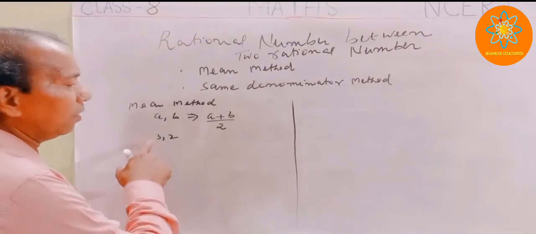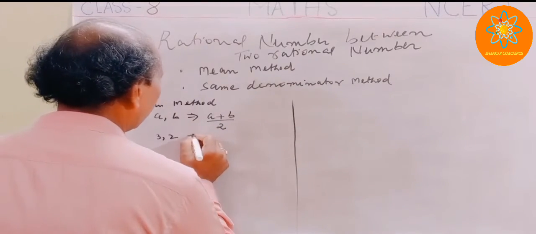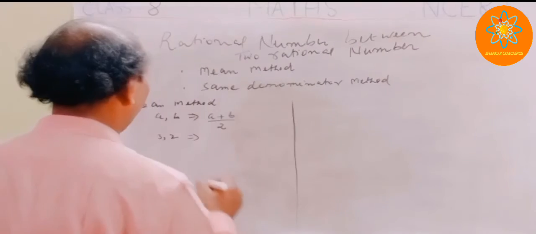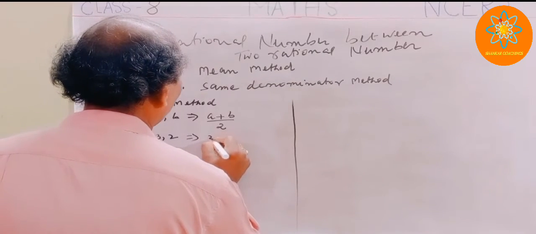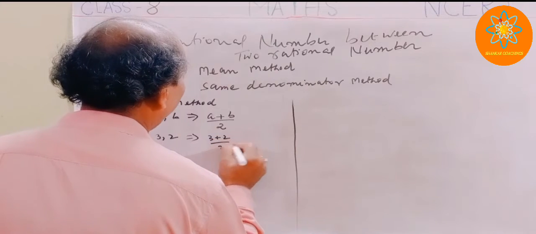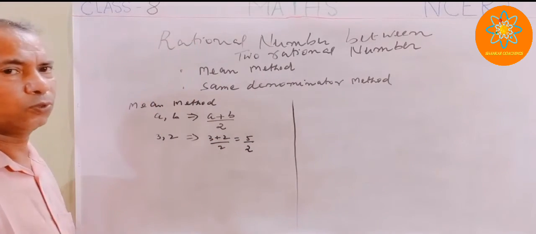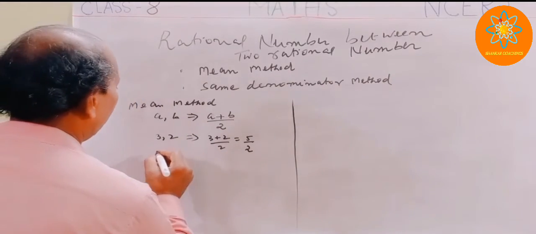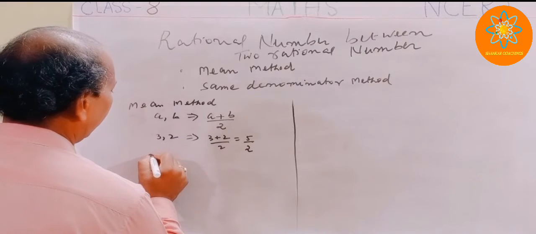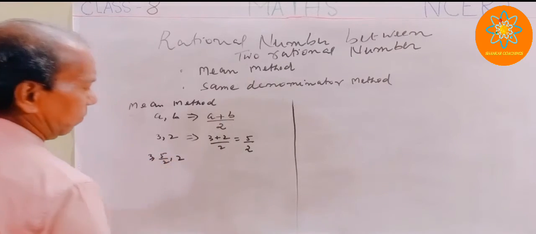I want the rational number in between these two. So it will be simply 3 plus 2 by 2, that is equal to 5 by 2. Hence, I can arrange the numbers in this way: 3, then 5 by 2, and then 2.